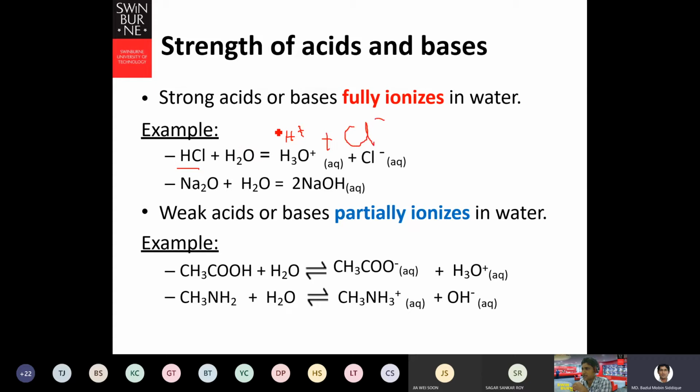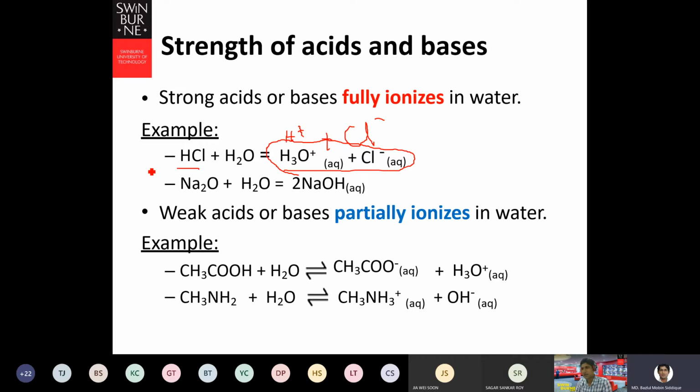But in the actual scenario, hydronium is what forms. For our easiness or comfort, we just write H plus. So hydronium ion and chloride ion are produced in the water if we put HCl, because this is a strong acid.